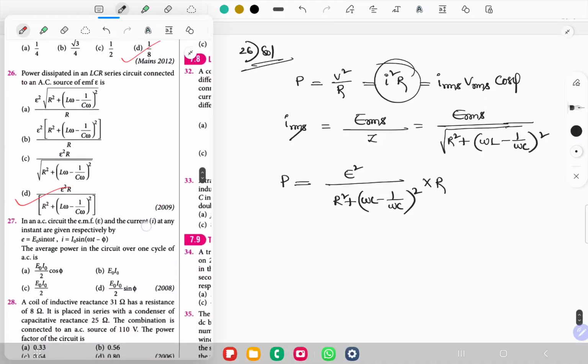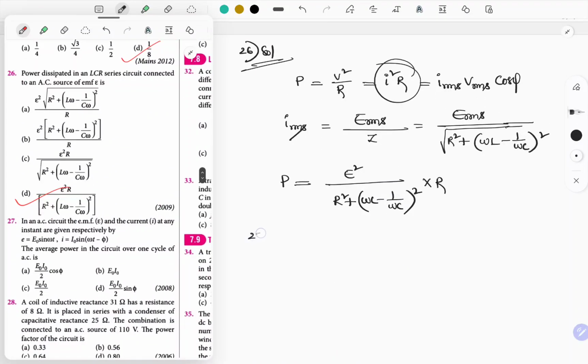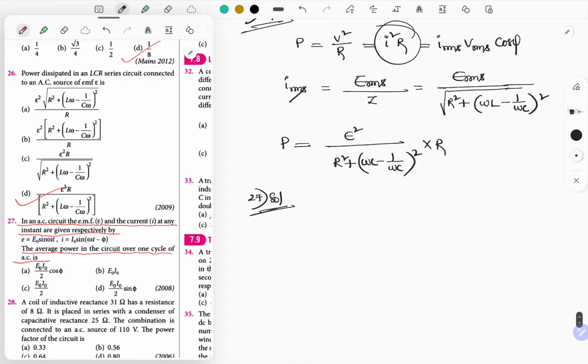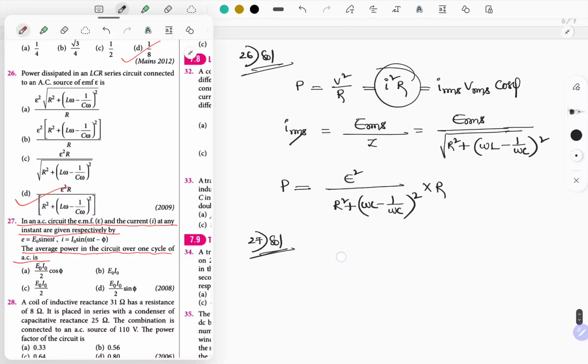Understood? Next, question number 27. In an AC circuit, EMF E and current I at any instant are given by this. The average power in the circuit over one cycle of AC is given by. We know that it is VRMS into IRMS into cos phi.